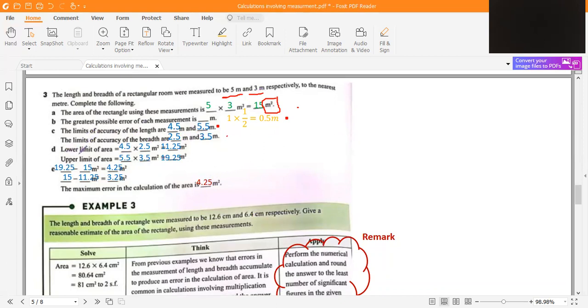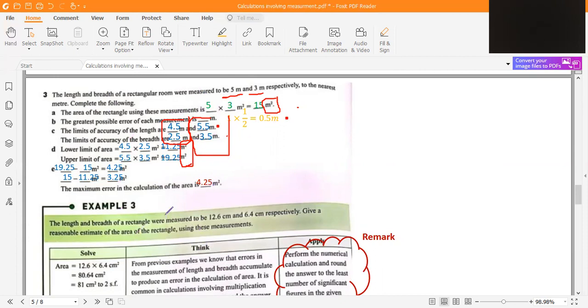When we want to calculate the lower limit of the area, we use the lower limit of length and the lower limit of the breadth, so 4.5 by 2.5. We multiply the lower limits, and to obtain the upper limit, we multiply the upper limits of each measurement. We obtain the lower and upper limits of area in meter square.